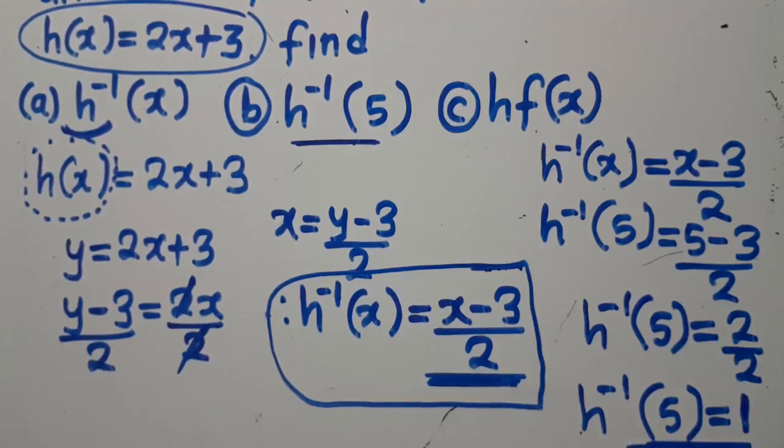This is what you are supposed to do. The same way I'm answering this is the same way you are supposed to answer them. So make sure that you understand this part. Now I move to the last question.